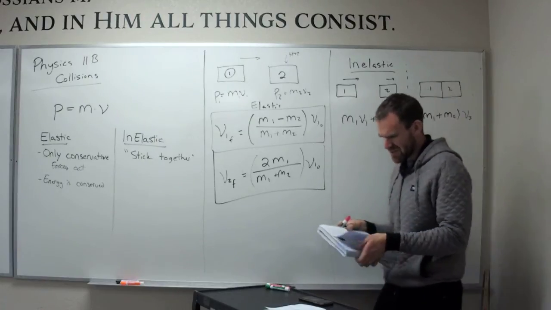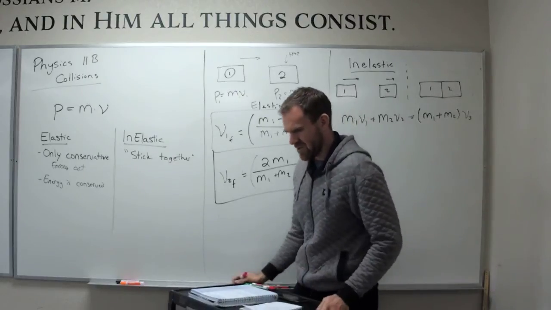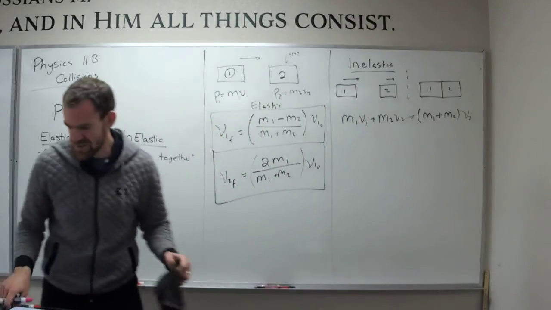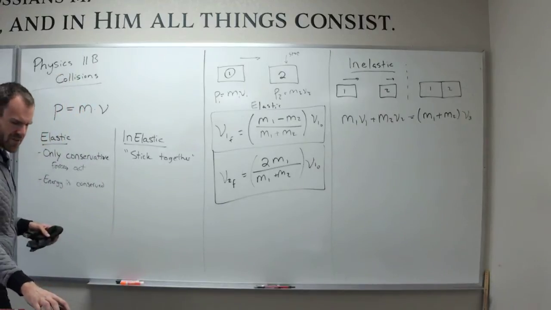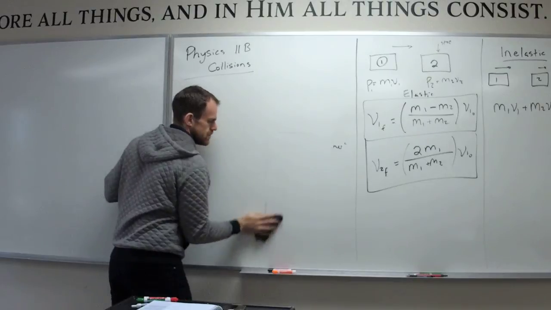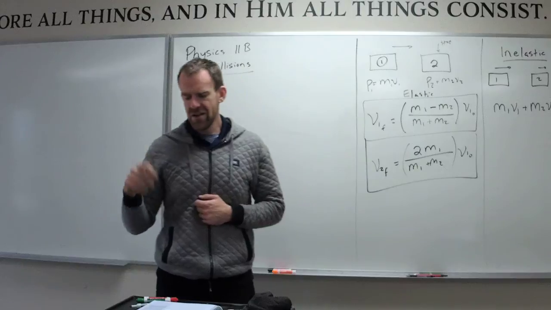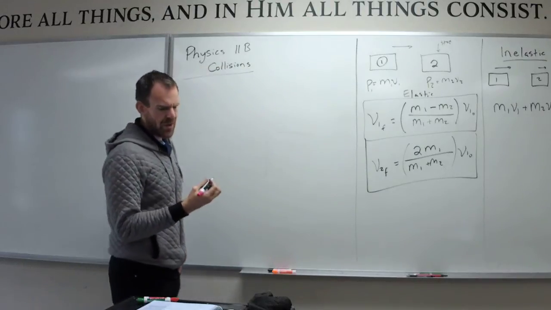Now the last part of section 11b is pretty fun because it involves vectors, not to be confused with the student. His name is Victor. So, a collision in 3 or 2 dimensions.